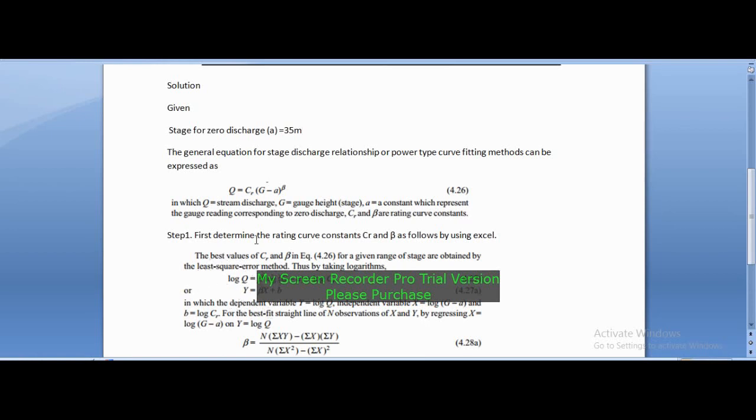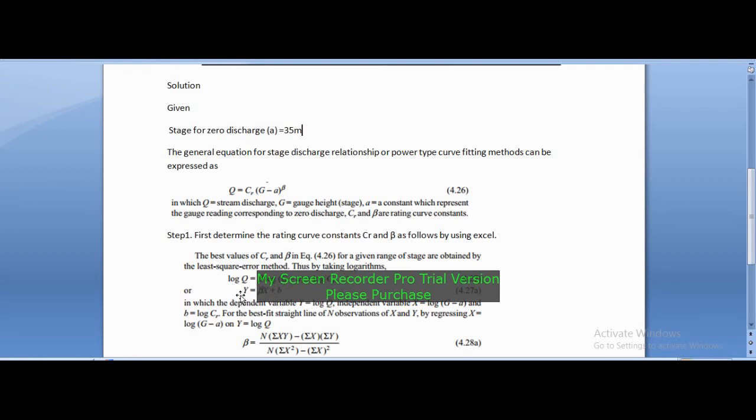Denote log Q as Y, log (G minus A) as X, and log CR as B. Y is the dependent variable and X is the independent variable, so Y is equal to beta X plus B, where beta is the slope of the linear equation and B is the Y intercept.